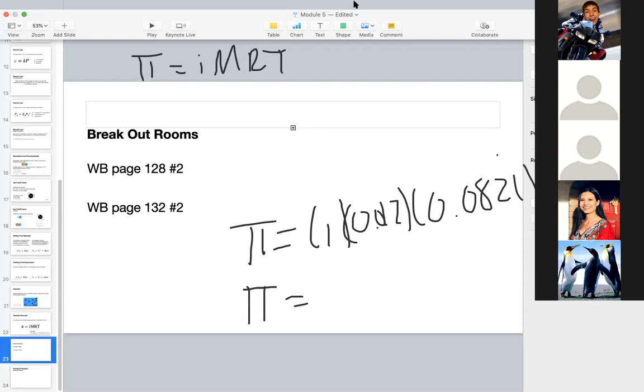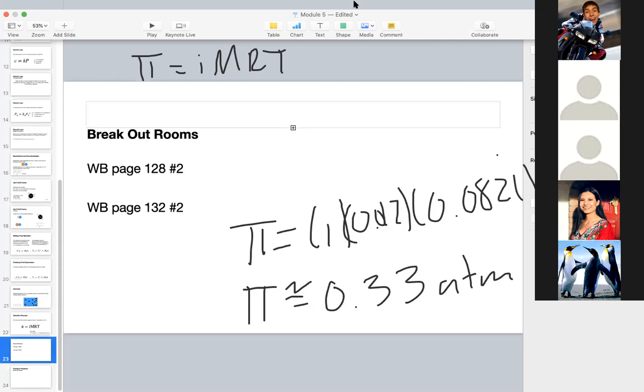Yes, so it would be 0.33, about, atmospheres. So yeah, that is osmotic pressure.